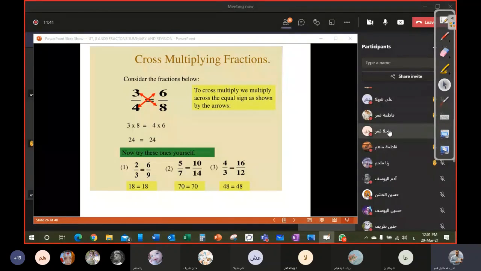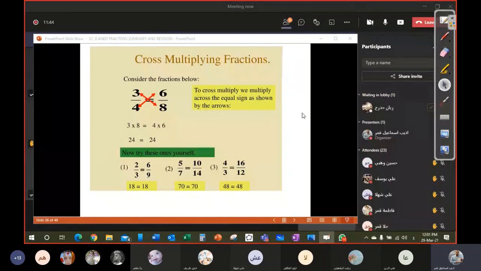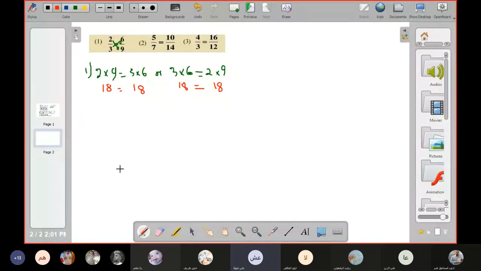Next one, Ali Shahla. 5 times 14 and 7 times 10. Okay, 5 times 14 and 7 times 10. So 5 times 14 equal to 7 times 10.